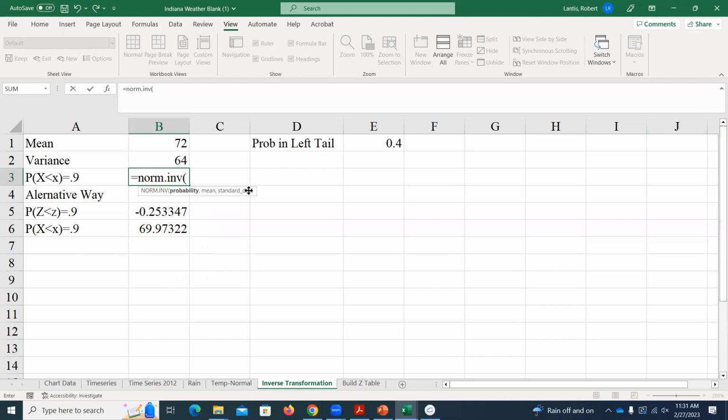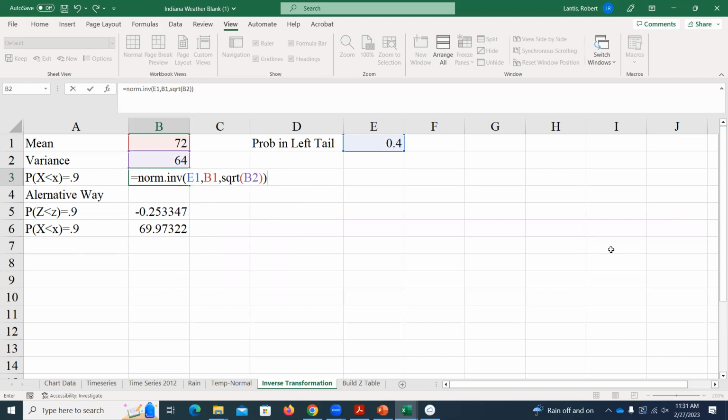So what's that probability that you want? 0.4. What's the mean of your normally distributed variable, comma, what's the standard deviation? Once again, probably should have just calculated the standard deviation in a different cell, so I keep clicking on that, and not having to type in the square root of the variance every time I want to use the standard deviation.